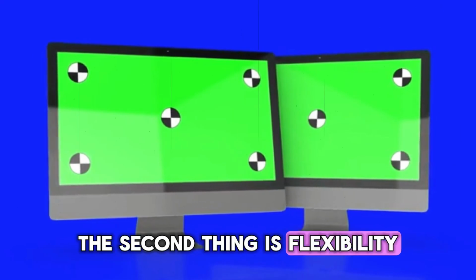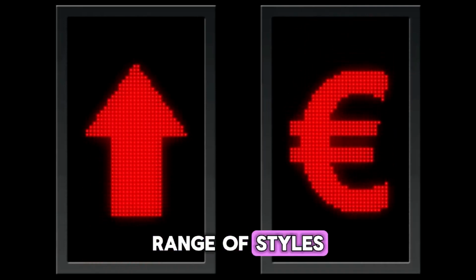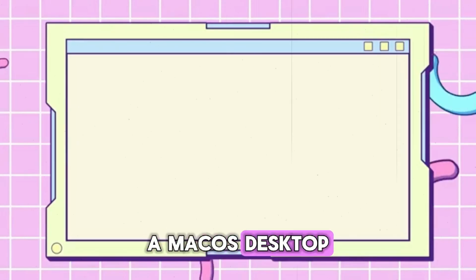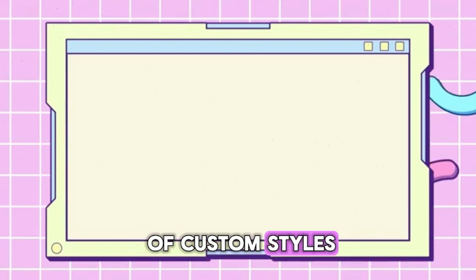The second thing is flexibility. KDE Plasma can be configured to look and behave in ways that span a wide range of styles. You can configure it to look like a classic Windows desktop, like a macOS desktop, like a Chrome OS desktop, or like any number of custom styles.